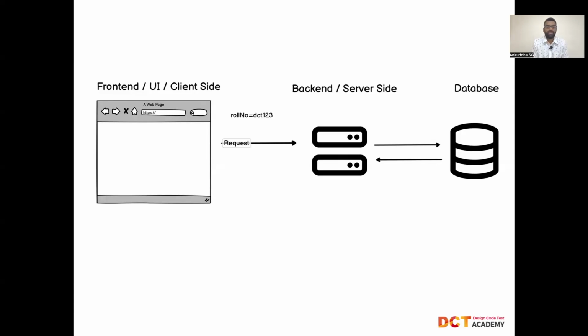For example, you cannot manipulate or add marks into the system. Somebody who is an admin will be able to log into that system and add information. All that kind of security code is typically managed at your server side. That's your backend. So the server makes a request to the database. The database is where all the information is stored. The database will fetch that information and pass it on to the backend.